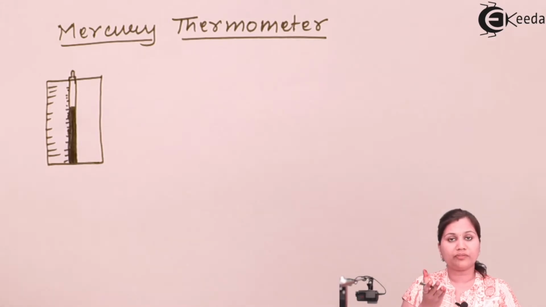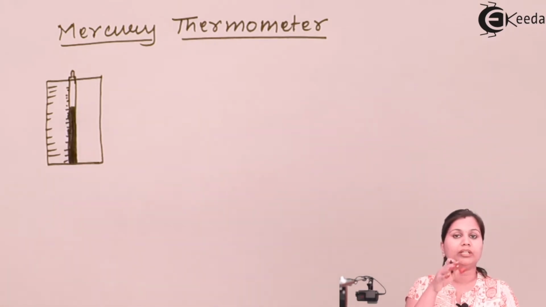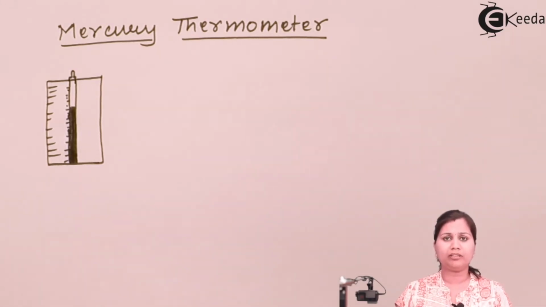According to the variations in the temperature, the mercury in this column is going to raise its level. So by measuring the level of the mercury, we are measuring the variations in the temperature. Otherwise, it would not be possible for us to measure the variations in the temperature in a room. There is no method for that.